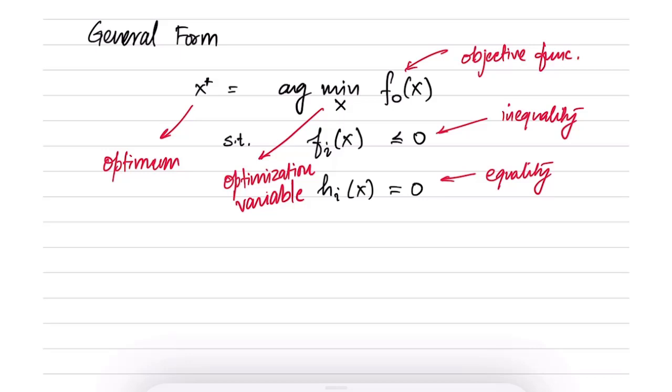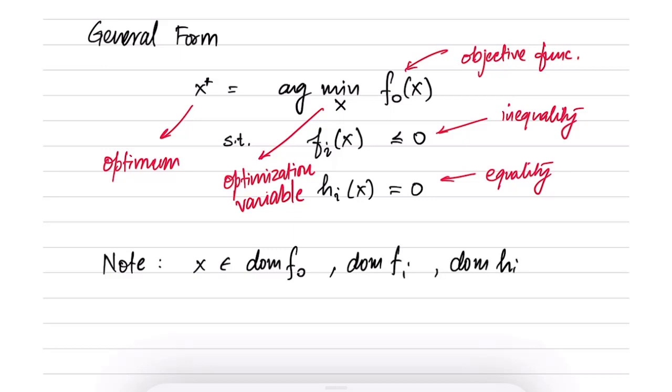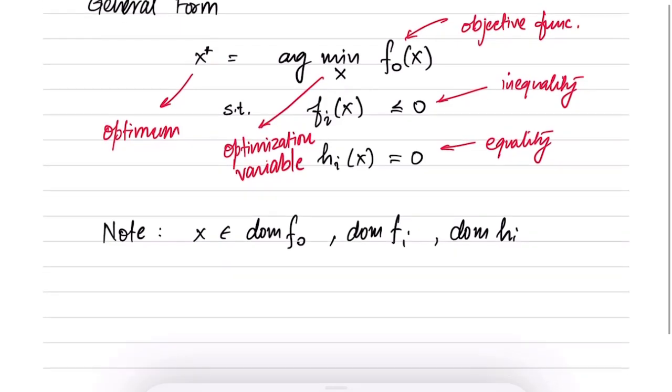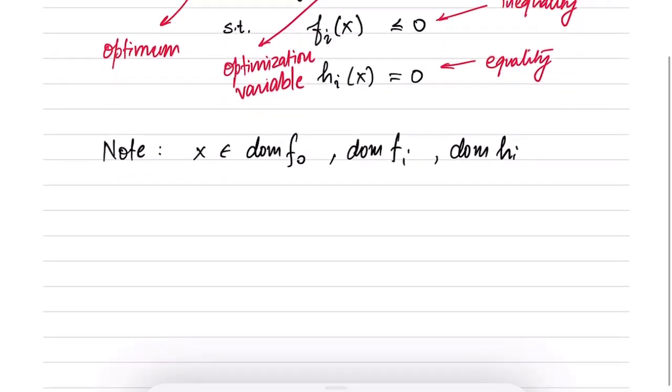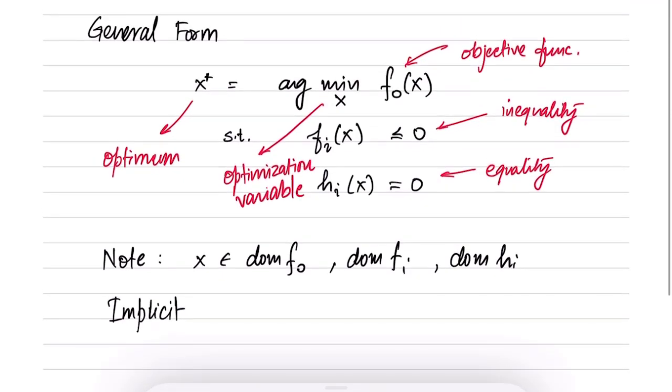So what is missing from here? You can observe that even for us to write down this problem, it is necessary that x should belong to the domain of f naught. In fact, it should also belong to the domain of fi and also to the domain of hi. So this constitutes the so-called implicit constraints. Implicit because they are often not written as such.